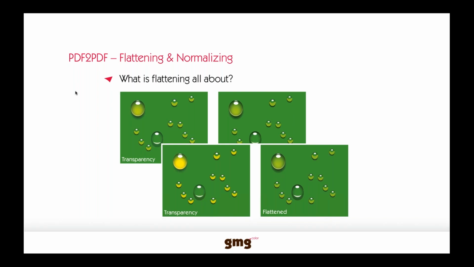And on the right side is the flattened image, and you see, yes, it's like the original. So it could be that if you don't use flattening during the PDF processing, during the color management, your color is shifting. So it's reproducible, yes, but it's not possible to say, okay, this drop will be more yellowish than before after the color management.